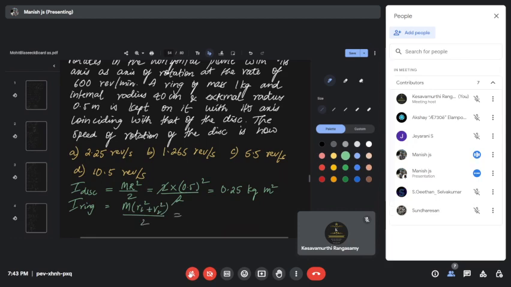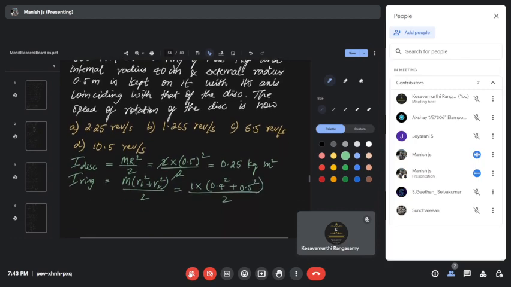So again, go for a substitution. They are saying the ring has a mass of 1 kilogram, so it is 1 times r1 square plus r2 square. R1 and r2 you have in the question. 40 centimeters can be written as 0.4 meters. So 0.4 meters whole square plus 0.5 meters whole square, divided by 2.